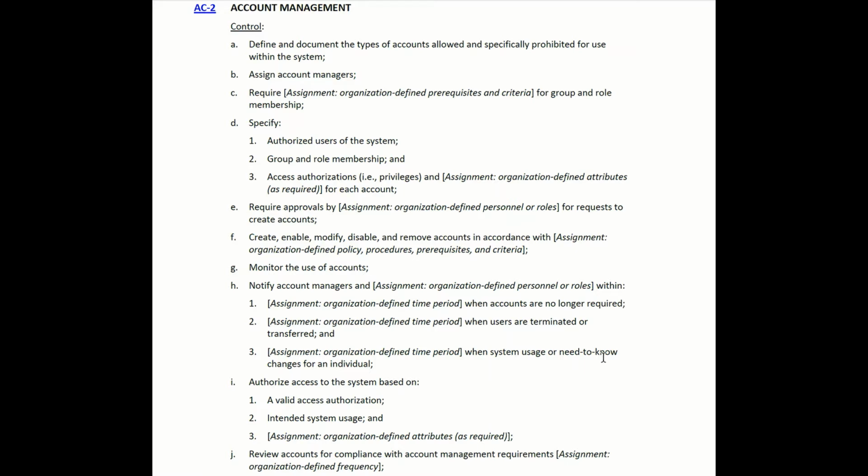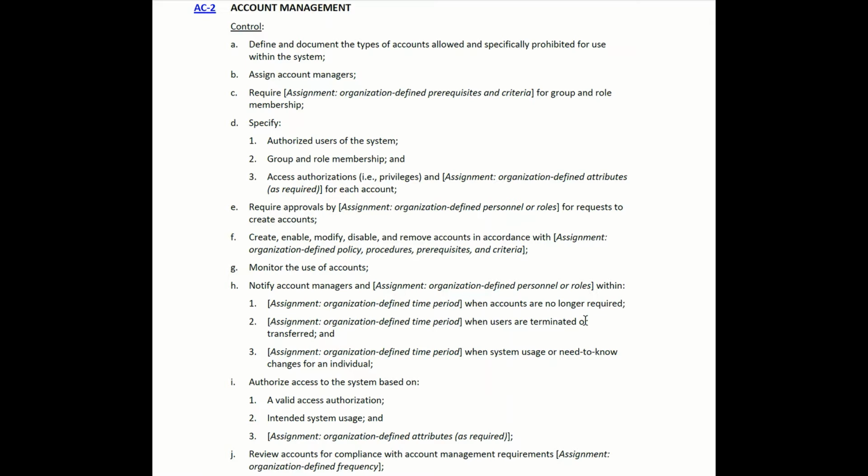So basically it's talking about the level. We'll start here. So we're monitoring the accounts. So when an account is no longer needed, this particular person needs to be notified. So if John Doe no longer needs a particular account to log on to the production system, this person needs to be notified.